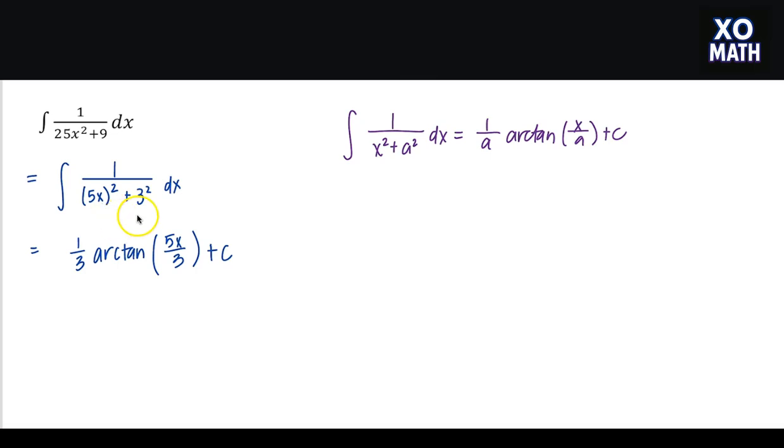But the biggest thing that we can't forget is because this wasn't just x, it was 5x, what's going to have to come out in front is going to be a 1 over 5, 1 over the slope. And so now we end up with 1 over 15 arctangent of 5x over 3 plus c.